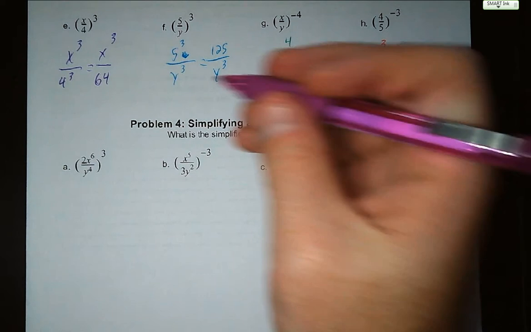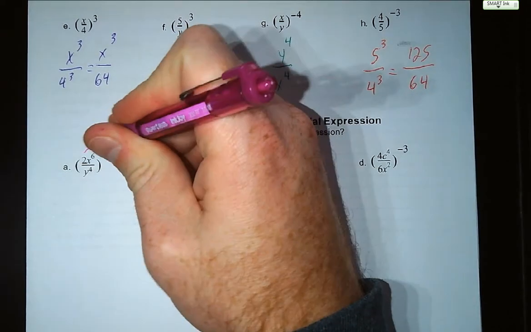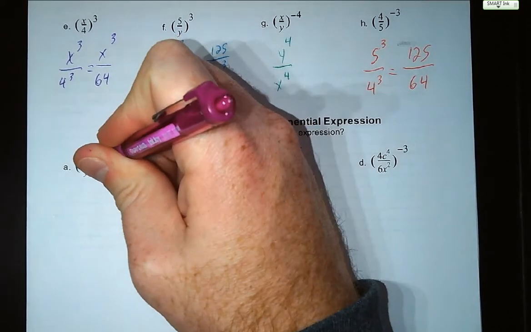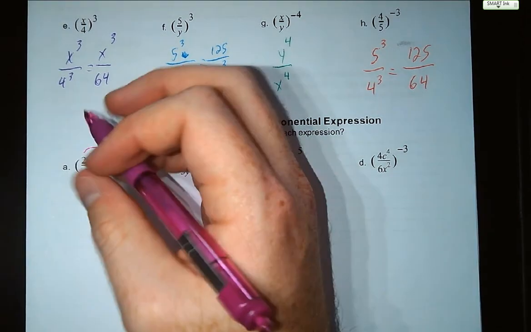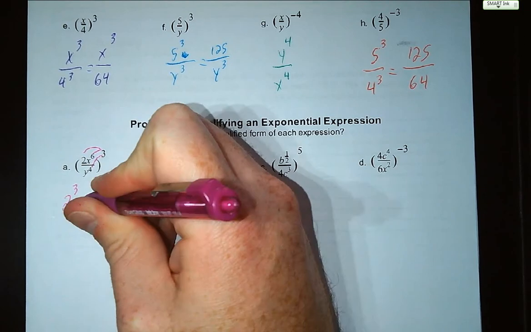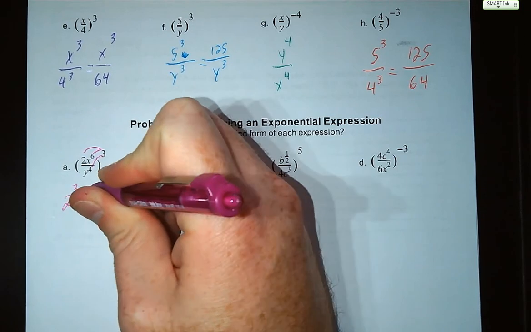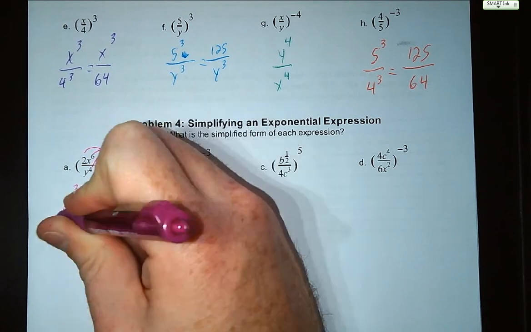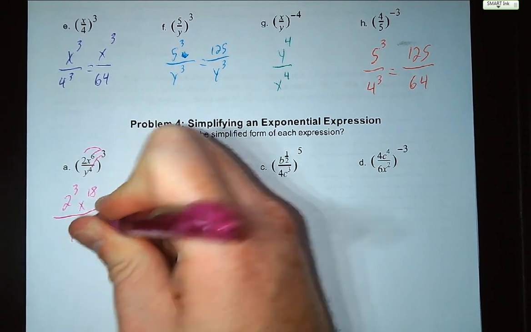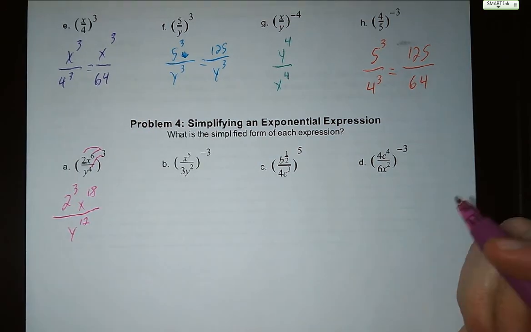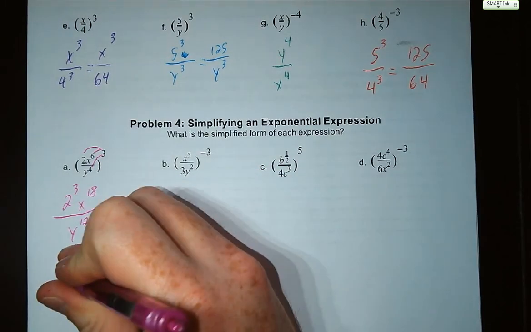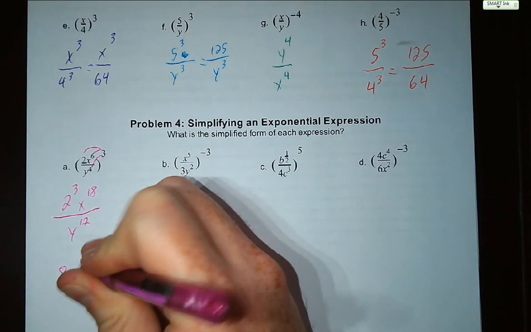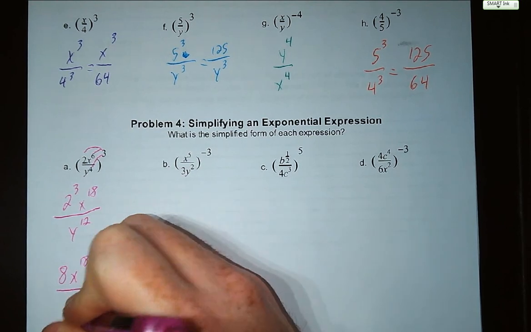That means that third needs to apply to each of the elements inside the parentheses. So we're going to have 2 to the third power, x to the 18th power, over y to the 12th power. Now, 2 to the third power, we know that is 8, x to the 18th, over y to the 12th.